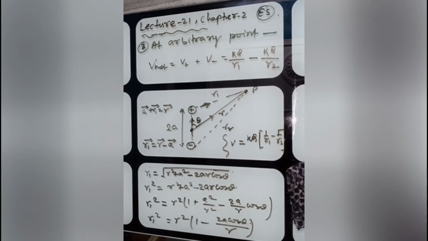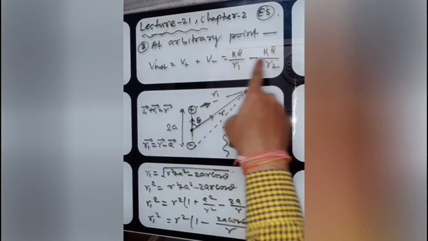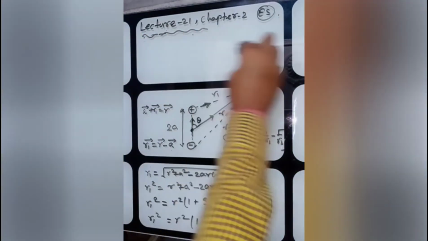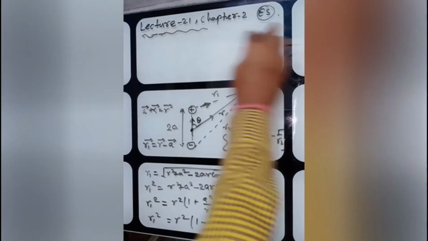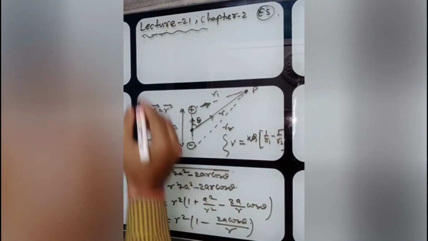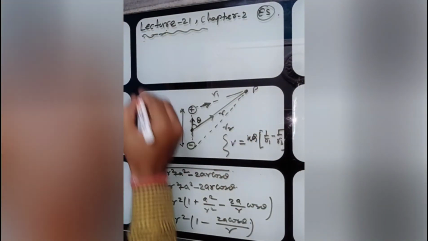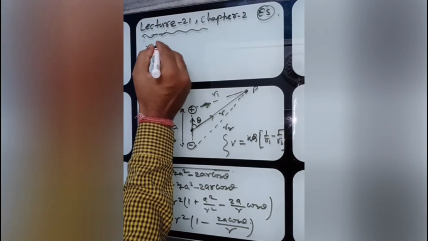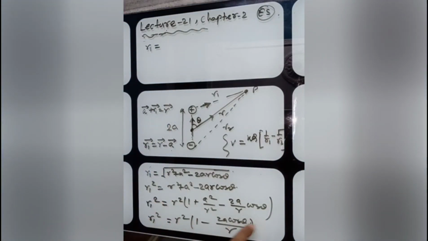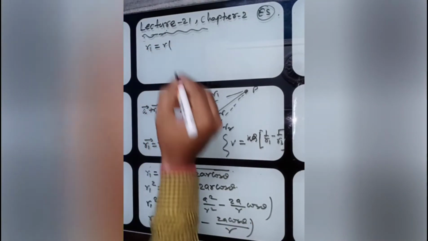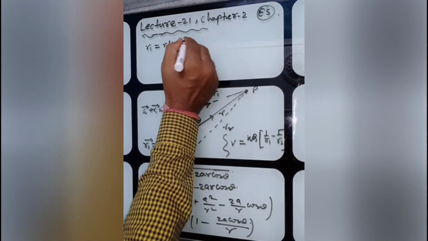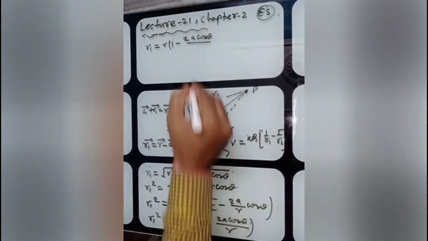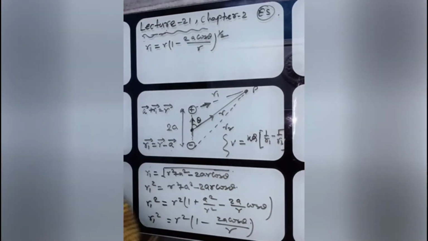Now, my dear students, we have to put R1 and R2 over here. I have written already. I don't have sufficient space, so I'm erasing this one. So R1 can be written as root under overall R square, 1 minus 2A cos theta over R, to the power 1 by 2.